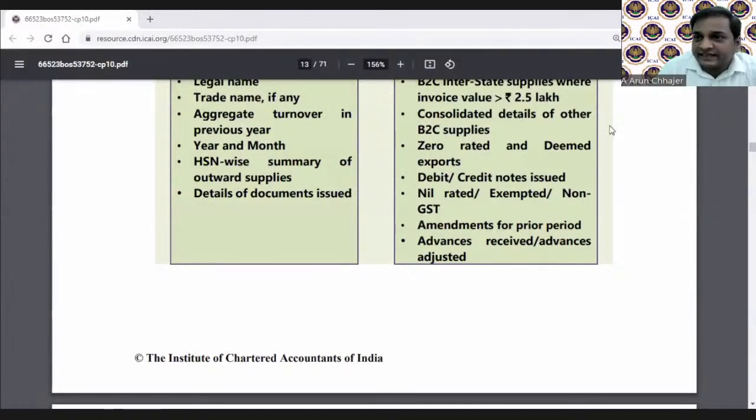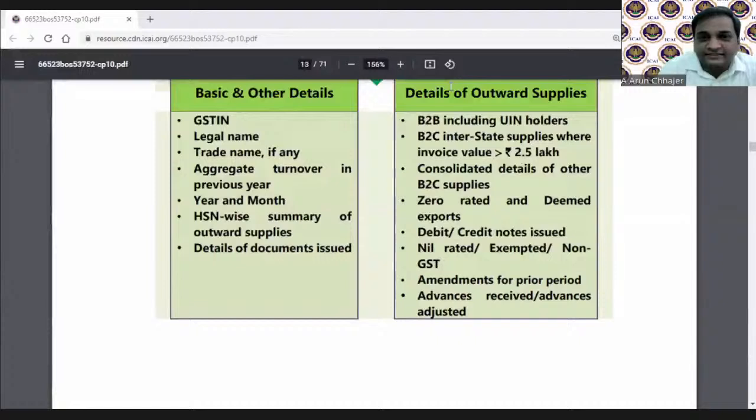So what is the content? Basic details: GST number, legal name, trade name, aggregate turnover, year and month, HSN summary, details of the documents issued. What are the details of outward supply? B2B, including UIN holder, B2C interstate more than 2.5 lakh, consolidated B2C details.